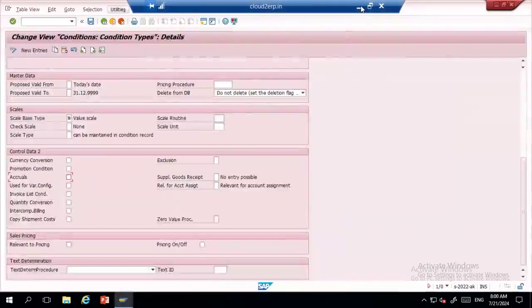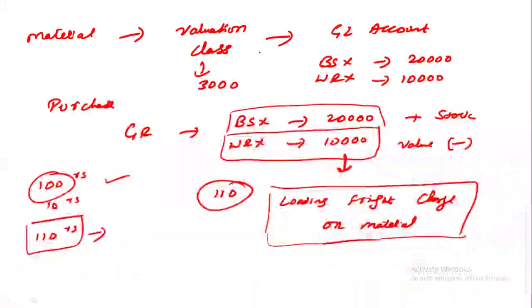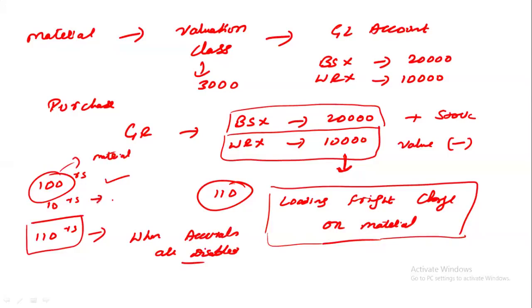So this is without accruals, when accruals are disabled. Your material price is 100, this is the material price, this is your freight price. Material and freight will become 110, as your accrual is disabled.